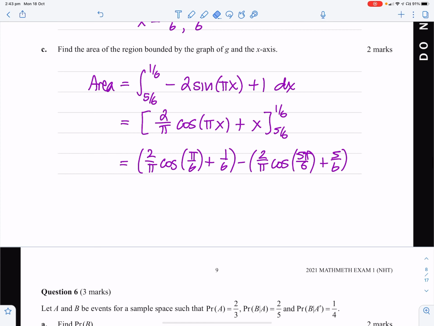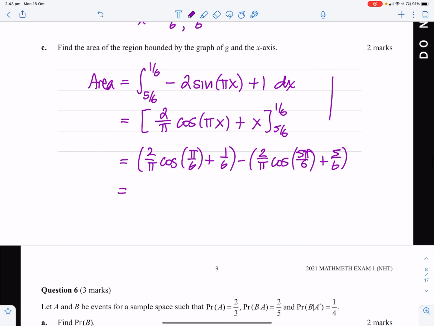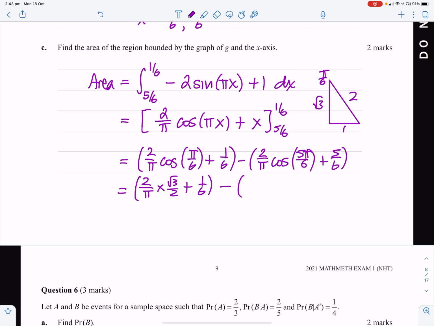Okay, cos of pi on 6 we know is root 3 on 2. Root 3, there's pi on 6. So I get 2 on pi times root 3 on 2 plus 1 on 6 minus cos of 5 pi on 6 is the same thing but negative.